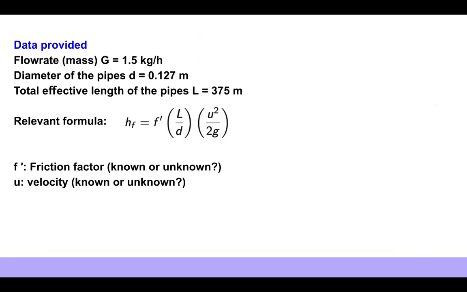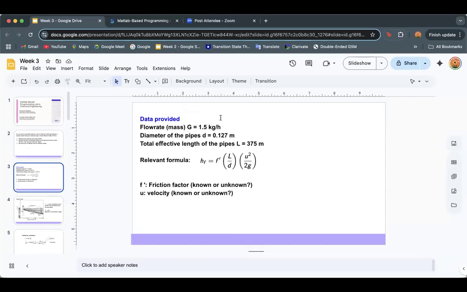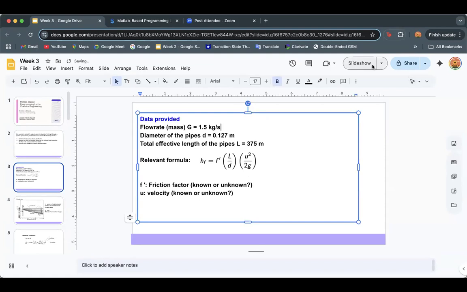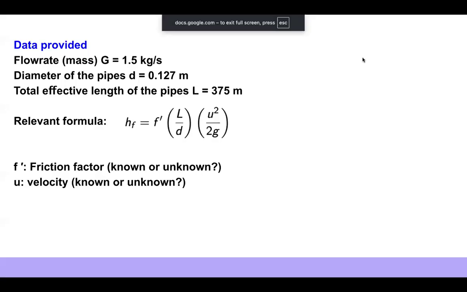I think I made a mistake, so this is supposed to be second. Sorry for that, I'll correct it here right now. So this is kilogram per second. Okay, the first unit has been converted.